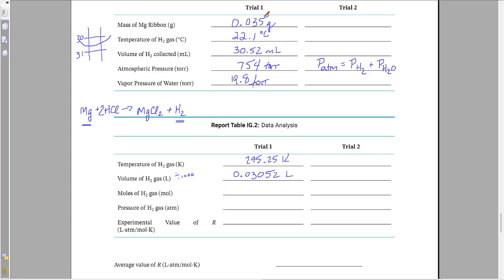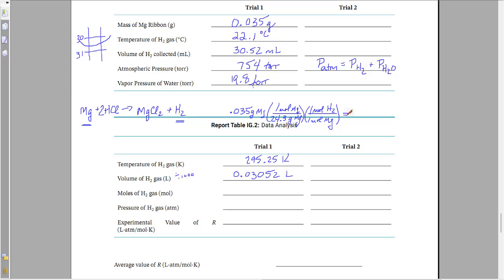I was given 0.035 grams of magnesium. Little stoichiometry problem. I'm going to go to my handy periodic table and remember that it's 24.3 grams of magnesium for every mole of magnesium. And then I'm going to write this just for the sake of writing that our reaction is a 1 mole to 1 mole ratio.